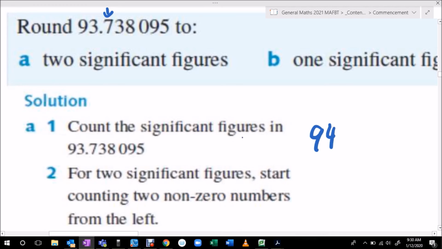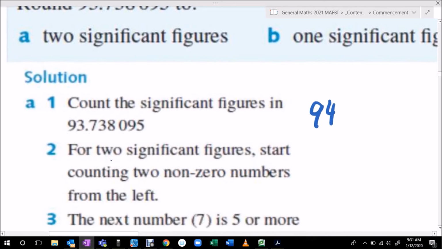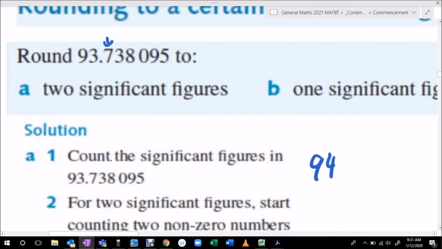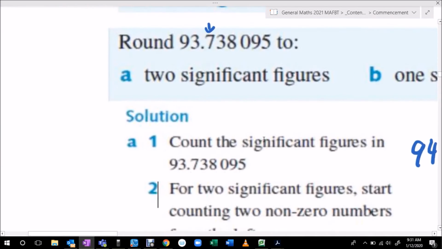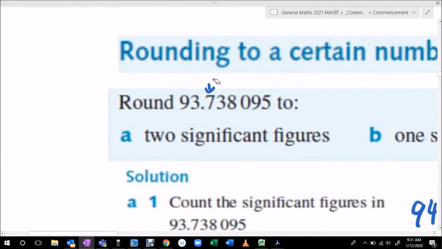Because if you think about it, imagine if your answer was this. That's a lot of numbers to write, isn't it? That's why they tell you to round it to this many numbers. Easy. Next one is to one significant figure. Looking at 93 point, what's the important number here? 9.